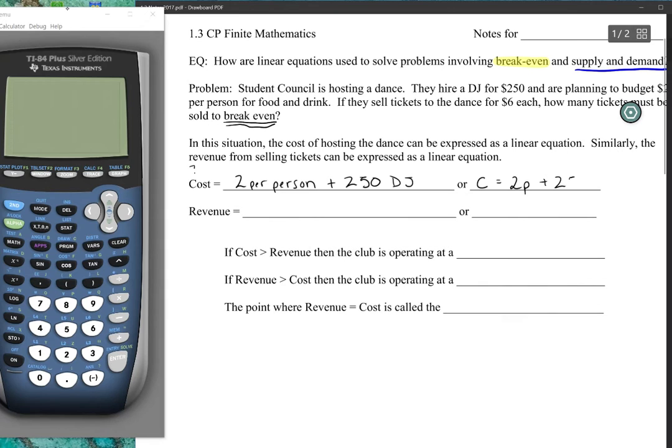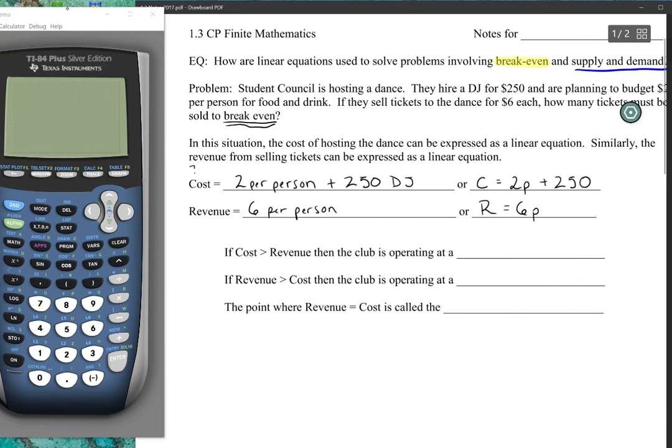Not too picky with what variables you use. The revenue, that's how much they're going to make. And they are making $6 off of each person, so $6 per person. There's no flat fee afterwards, so your revenue, or R, is just going to be 6 times p.